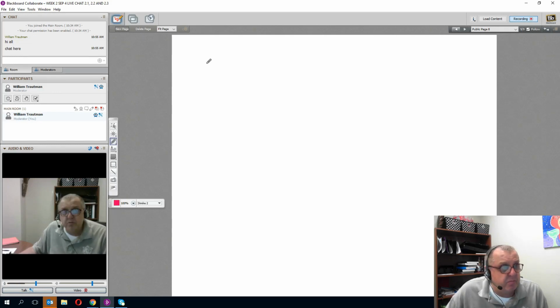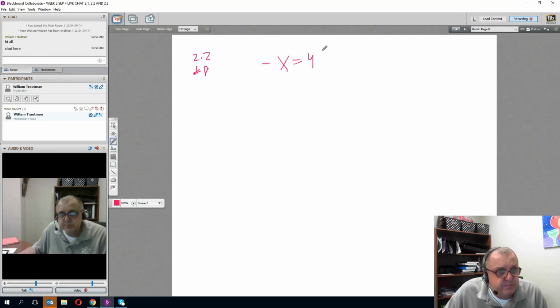So this is problem 8. I'm still on 2.2. I'm going to do number 8. It looks like this. This is negative x equals 40. My goal is to find out what x equals, not negative x. Remember, negative x just means there's an invisible 1 in front of the x.